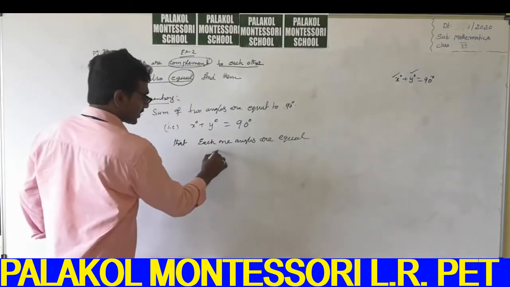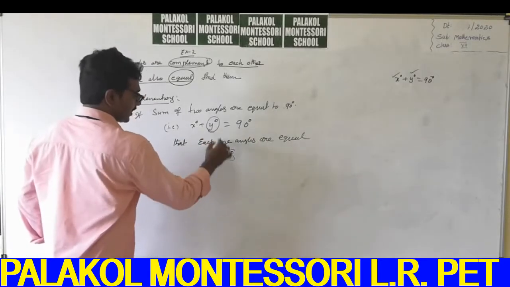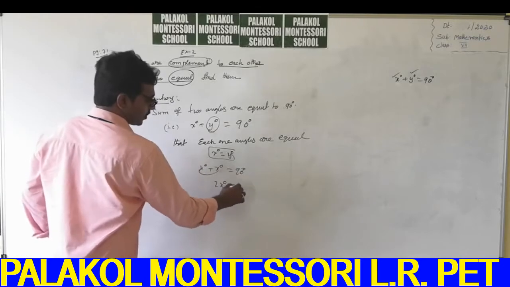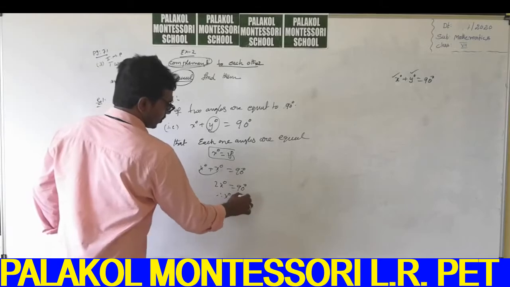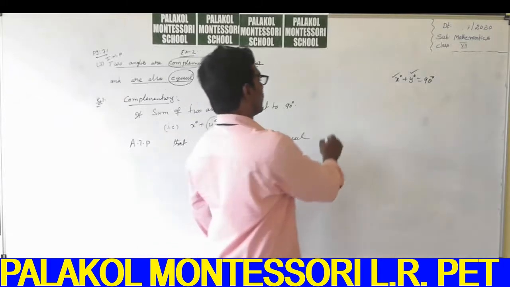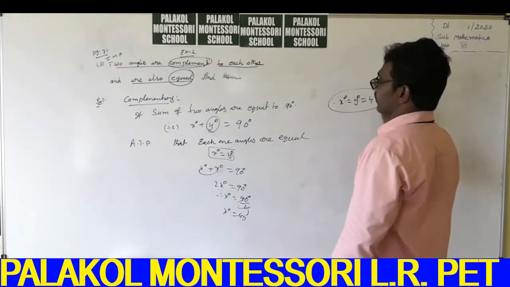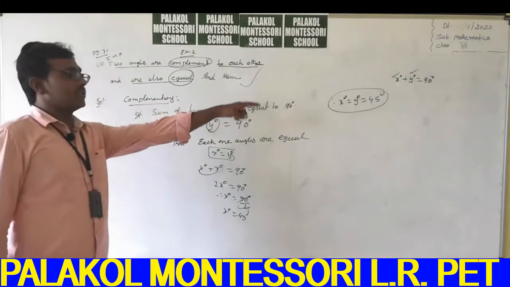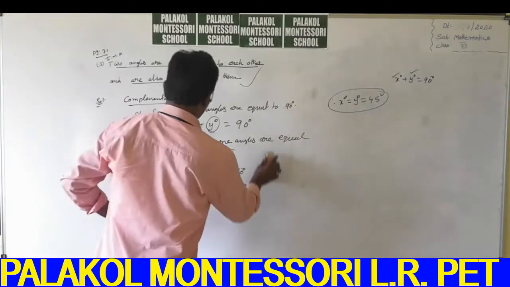That means x degrees is equal to y degrees. So x plus x, 2x is equal to 90 degrees. Therefore x is equal to 90 by 2. X degrees is equal to 45. So x degrees equals y degrees equals 45 degrees. Find them: the angles x and y are each 45. Okay, is it clear? Next one.